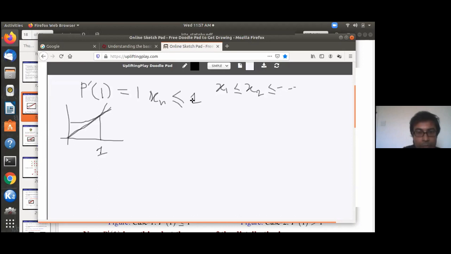Now it is bounded by 1, and we can see that they can only intersect at 1. So that means the minimum value at which p(x) equal to x is satisfied, that x equal to 1, that is the probability of extinction must be 1.